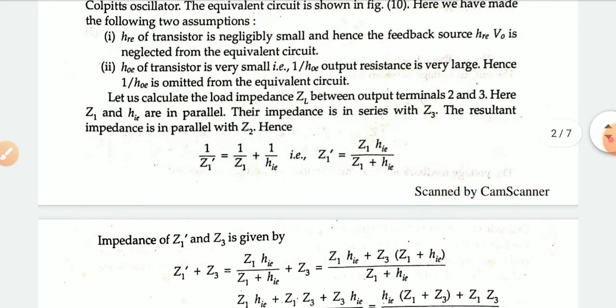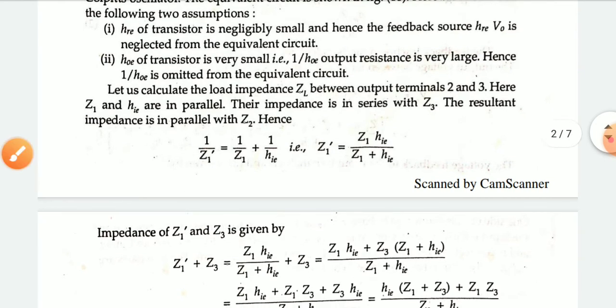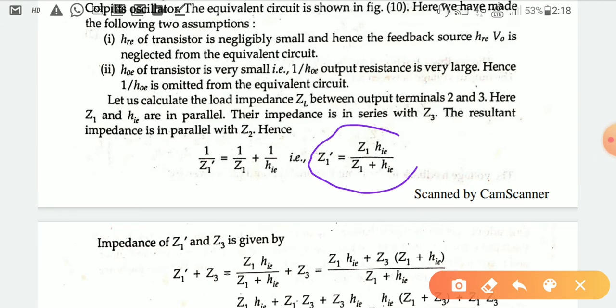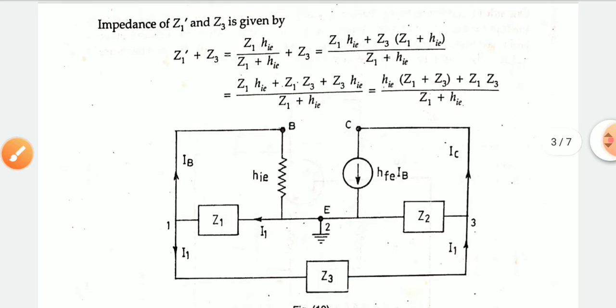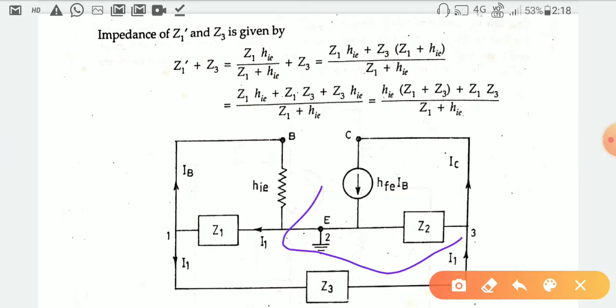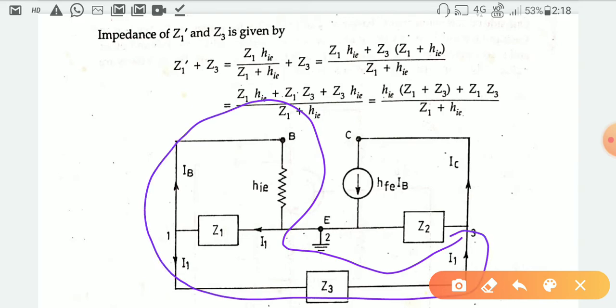Note that Z1 dash is defined as the value of hie parallel with Z1, and the combination of these two paths is Z1 dash plus Z3. That means we are talking about this section.